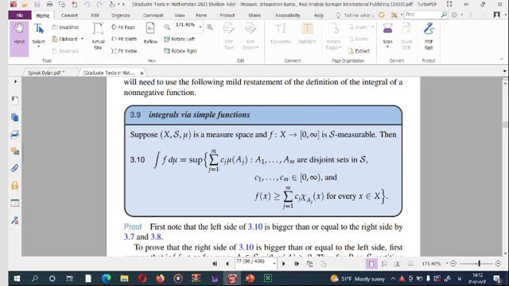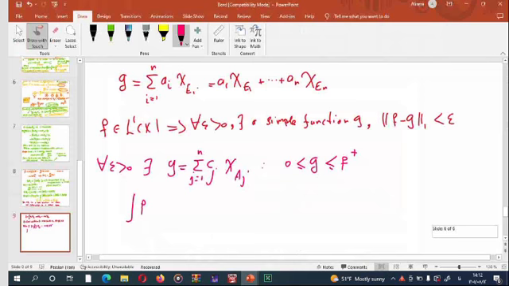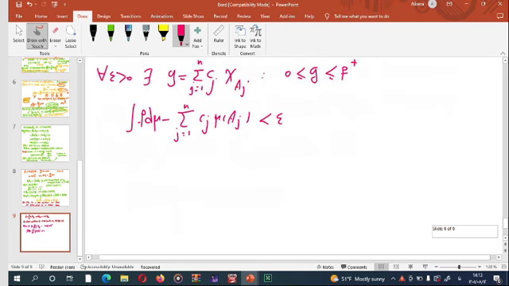And also these two have this property that this minus this is less than epsilon. But this is equal to the integral of f minus the integral of g, because this is the integral of this function, okay?